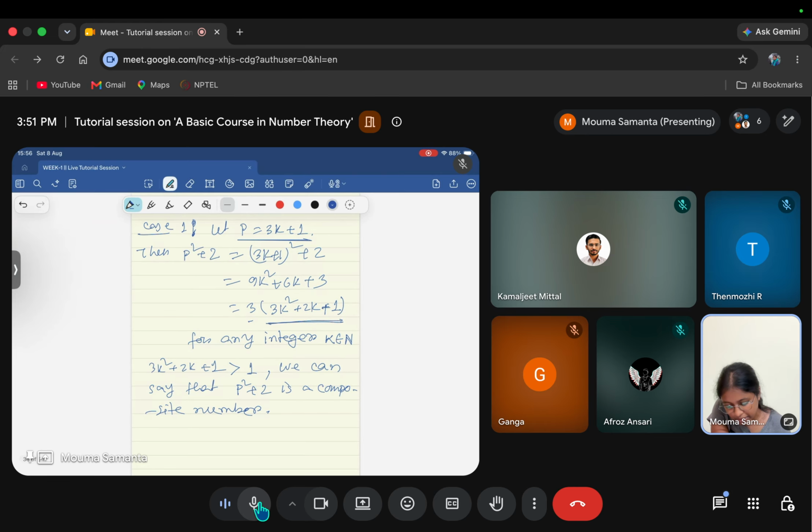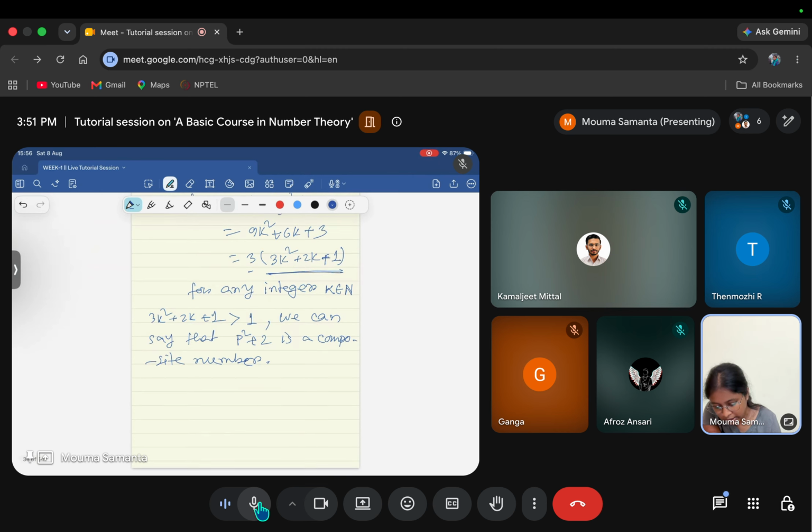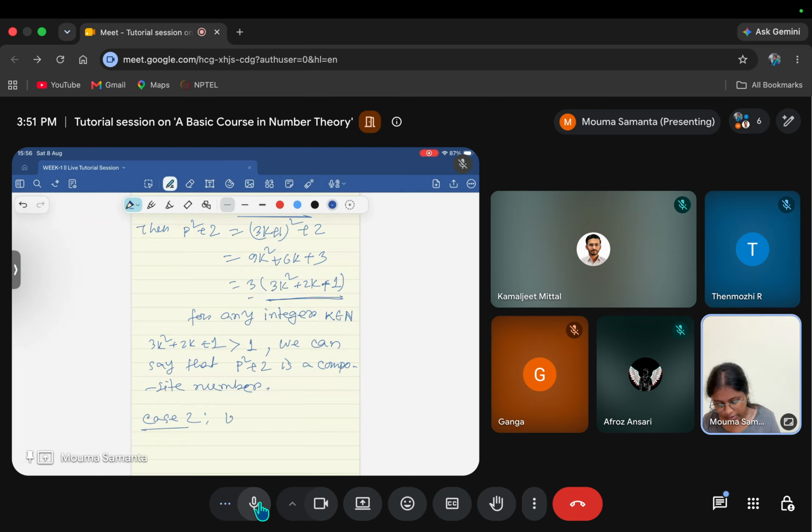Now what is the remaining case here? The case is when p has the form 3k plus 2. In a similar way, you can see what the value of p square plus 2 will be here. Let p equal 3k plus 2.